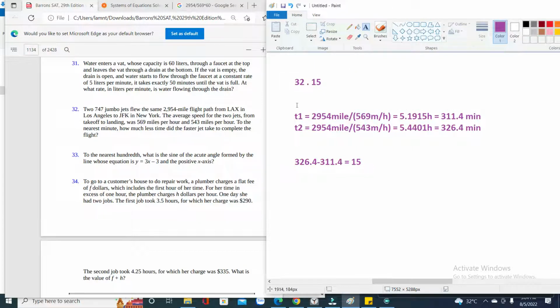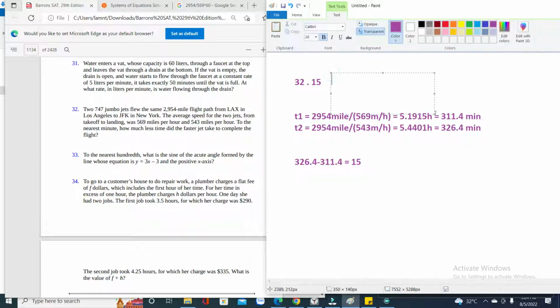So I'm going to retype. T1 is going to be 54 miles over 596 miles per hour, which is 5.915 hour. So that's mile, that's not meter.